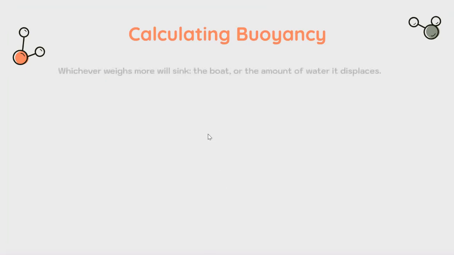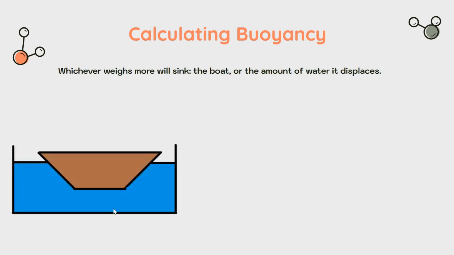As an example, let's take a boat in water. Really, what we know is that whichever weighs more will sink, the boat or the amount of water it displaces. Now, what do I mean when I say the amount of water it displaces? Imagine a boat in a pool of water. The space the boat takes up will be equal to the space of water that would be in the pool otherwise.